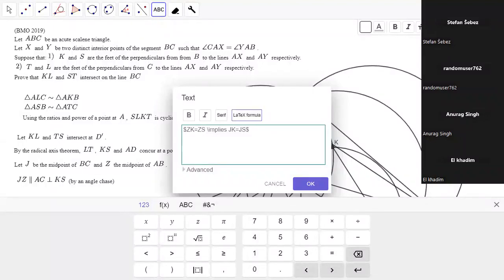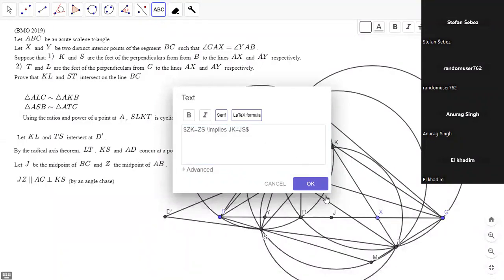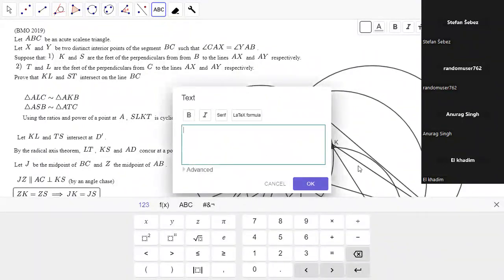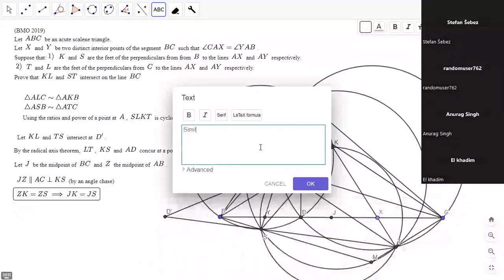Okay, but wait a sec. I'm still not sure if that's the last step, because basically, oh yeah, similarly, JL equals JT, and so J is the circumcenter. Yeah, because we knew it was cyclic. So J is the circumcenter of SLKT.